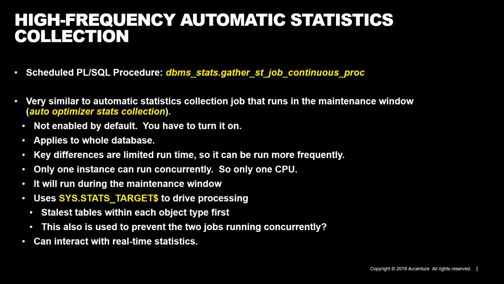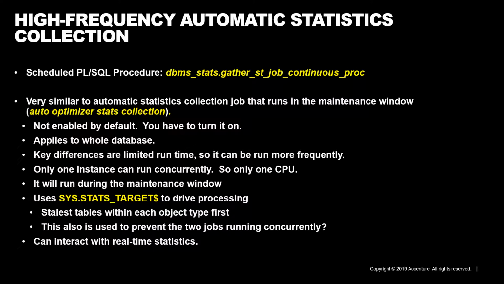The key difference is that it has a limited runtime so that it can be run more frequently. Only one instance will run concurrently, so it should normally only consume one CPU, although of course you can end up collecting statistics in parallel. The batch job will run during the maintenance window.